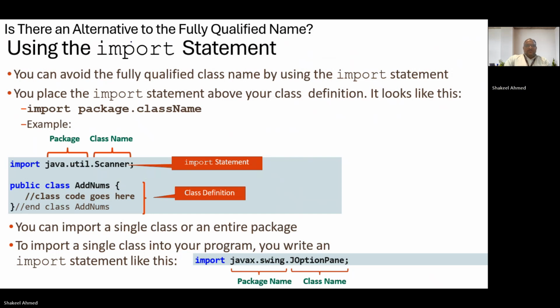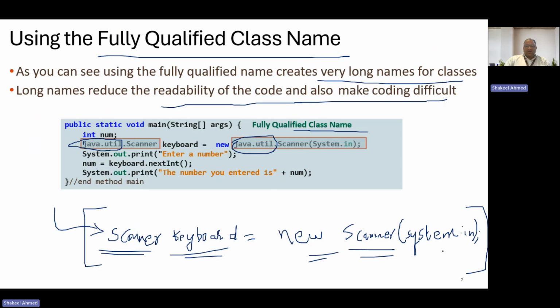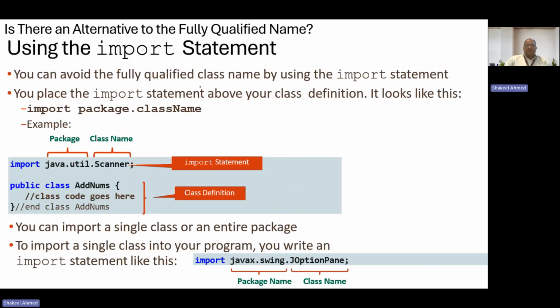So is there an alternative to the fully qualified name? Yes, this is the alternative that I just now discussed. You can avoid the fully qualified name by using an import statement. First of all, you have to write an import statement because you are going to use that package in your program. So import the package and the class name that you want to use.